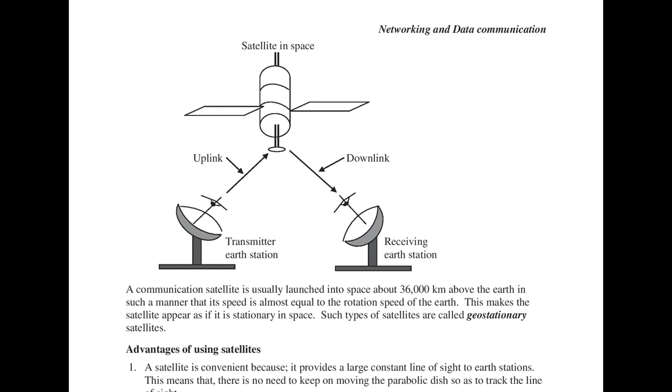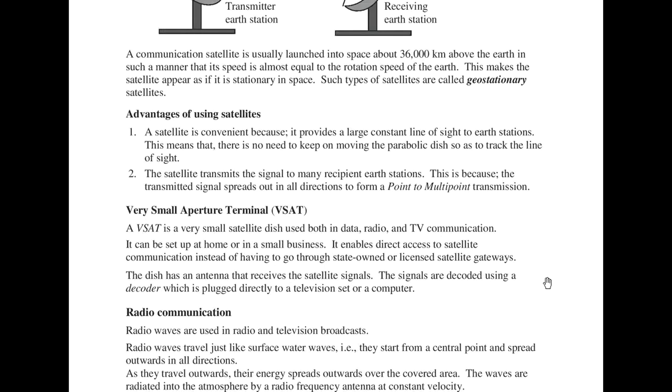Then the satellite bends back the waves to downlink, that is, to the receiving station. That's a very good demonstration. Remember, a satellite is usually launched into space about 36,000 kilometers above the Earth. That is very crucial. For advantages and disadvantages, guys, you can pause the video and scribble them down.